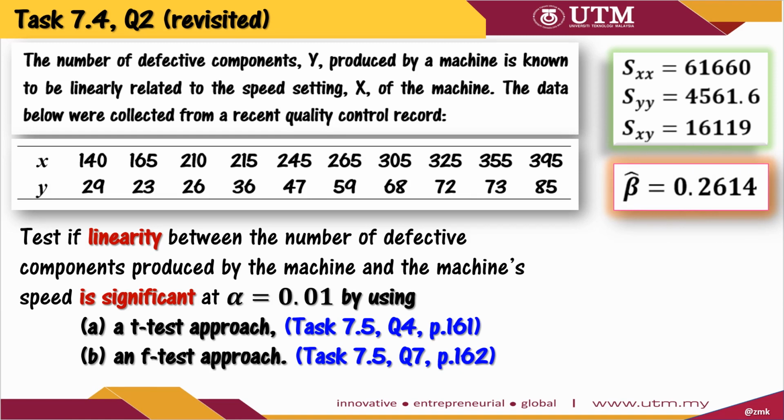The hypothesis statements for both approaches are also the same, where under H0 beta is equal to 0, indicating no linearity significantly exists, while under H1 beta is not 0, which indicates that the linearity significantly exists between the two variables. Let's look first at part A on performing the hypothesis test by using a t-test approach in the following slide.